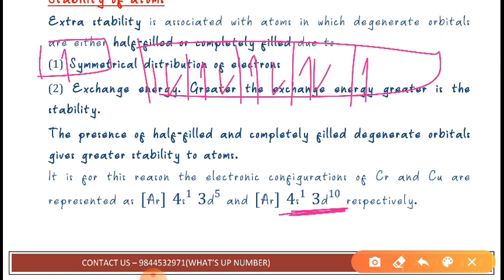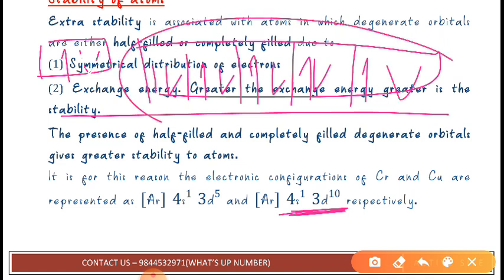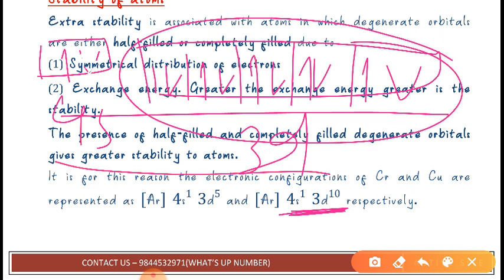If we are filling like this, then it is not so stable. But when we are giving 4s one electron and giving 3d two electrons here, now 3d is completely filled and 4s is half filled, so both are stable, right?